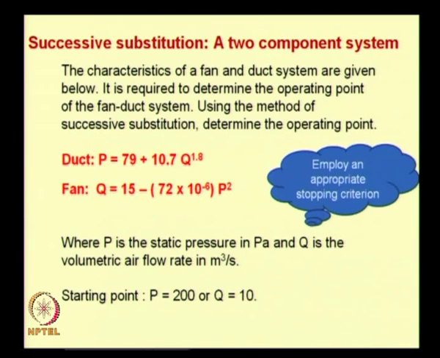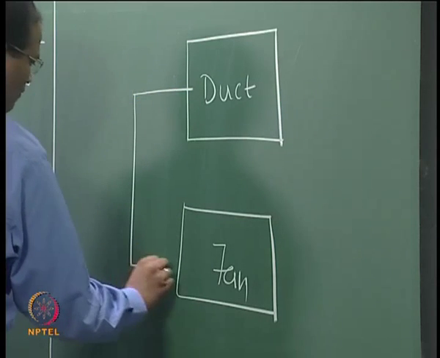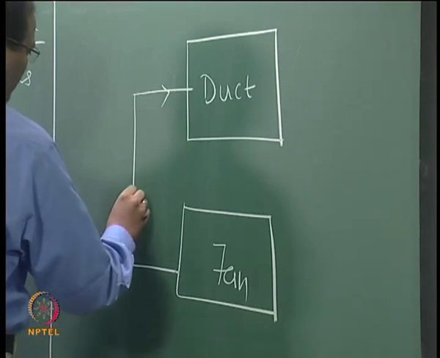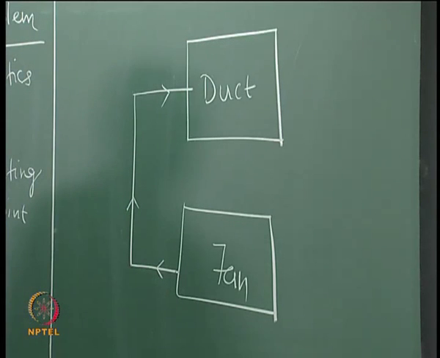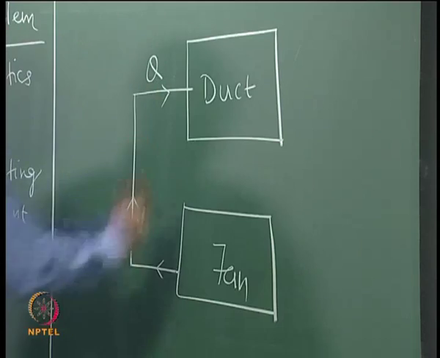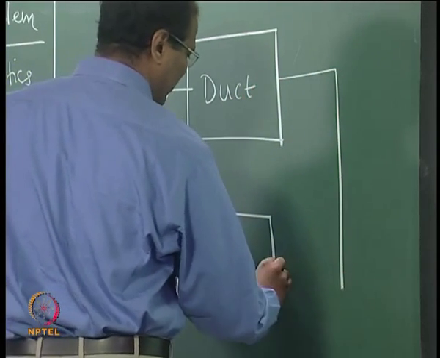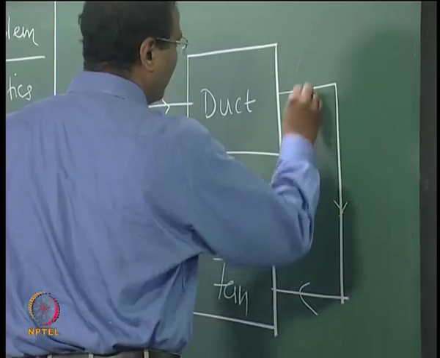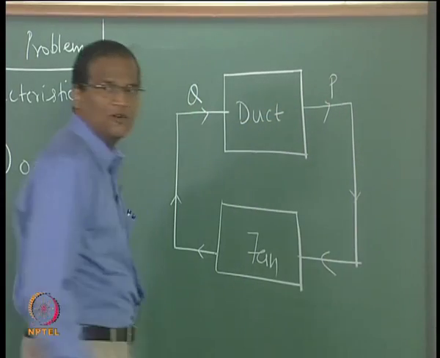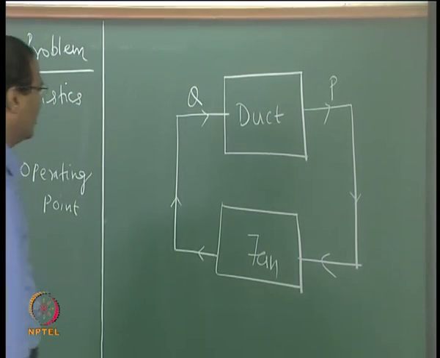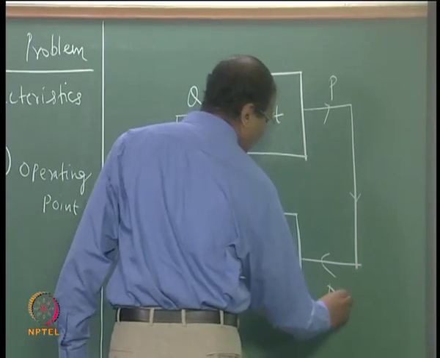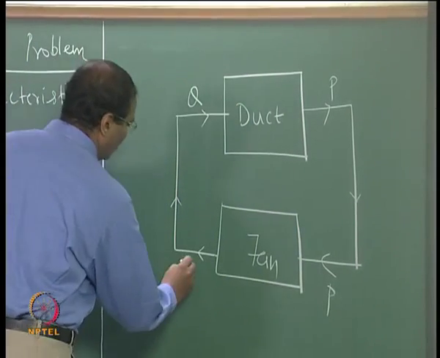It is possible for you to use Q as the input and get P as the output, and for the fan give P as the input and get Q as the output.